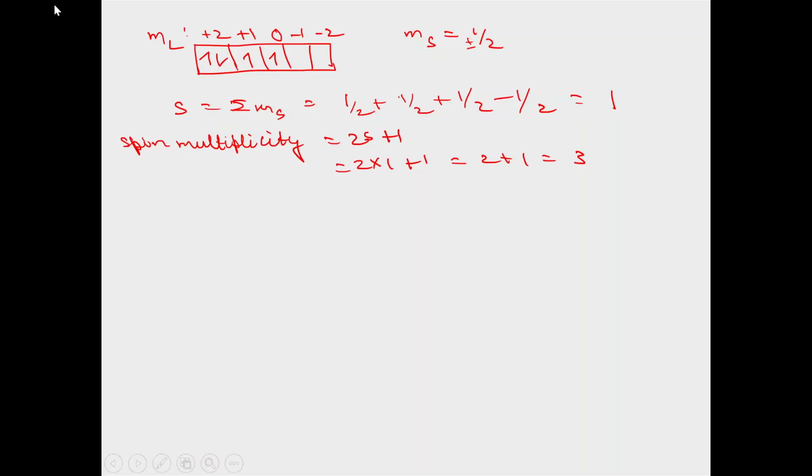And the L value will be +2, -2, plus 1, plus 0, so 1.